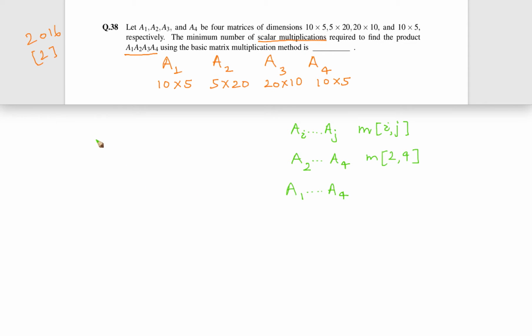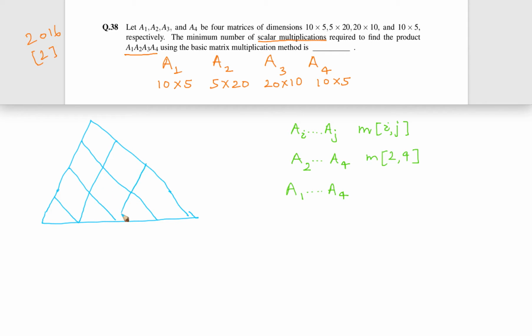So we will create a table, and let's name the rows and columns 1 2 3 4 and 1 2 3 4.